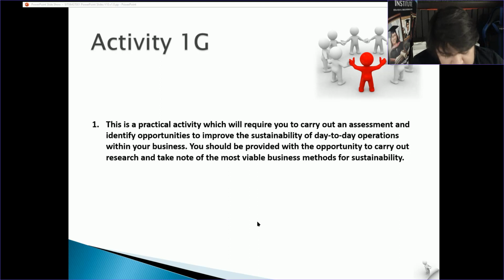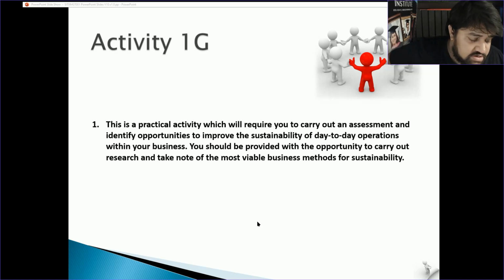So first of all, we want to try and remove as much paper from the business process as possible. So we should be looking at technologies that we can implement. Instead of having docket books, we can implement iPads and any ordering systems that would allow us to not use as much paper. We could use efficient equipment.